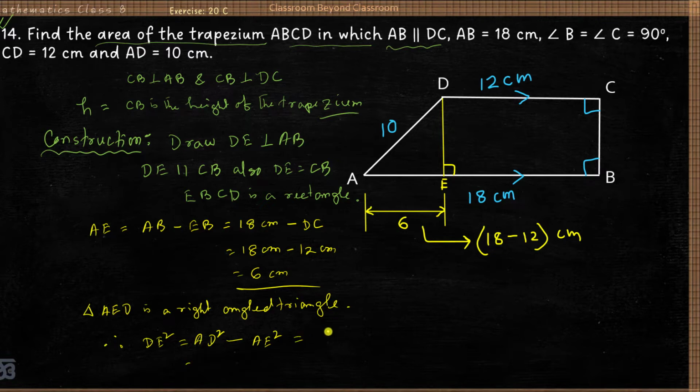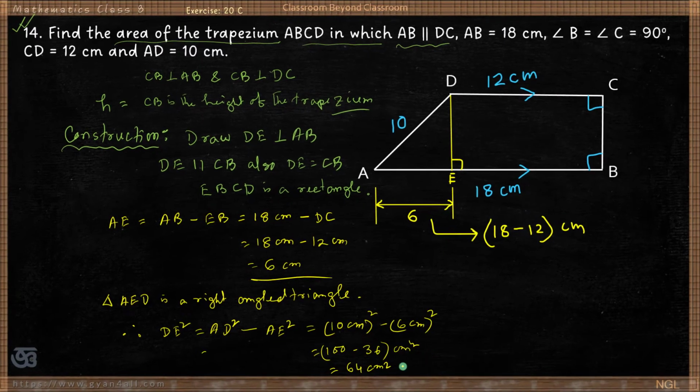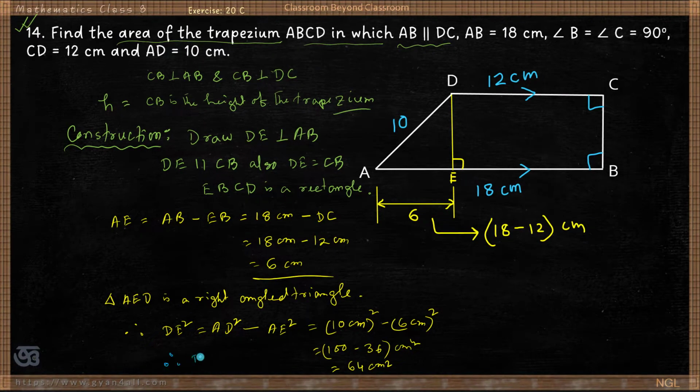So this is equal to 10 centimeter square minus 6 centimeter square, which is equal to 100 minus 36 centimeter square, and this is equal to 64 centimeter square, and therefore DE is equal to root over 64 centimeter square, which is equal to 8 centimeter. So we got the length DE.